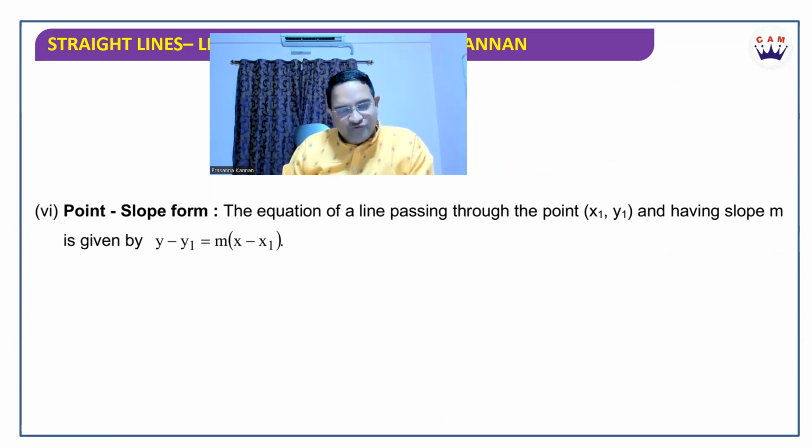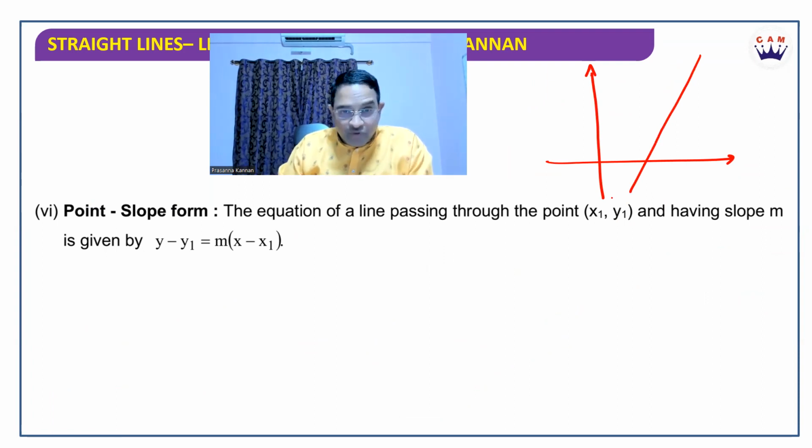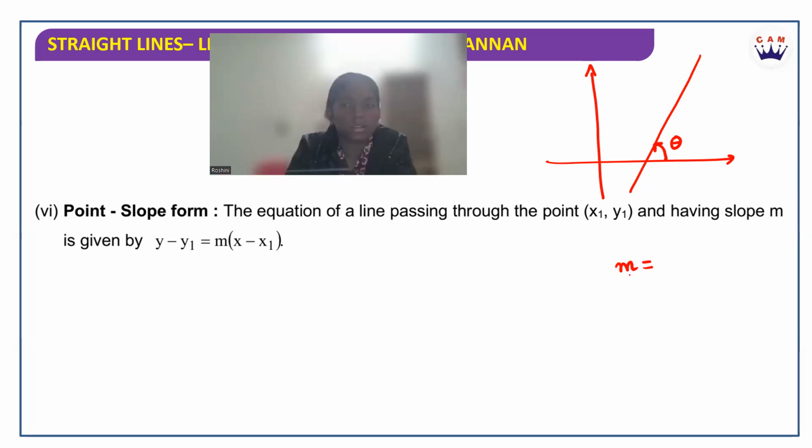So what is one point form? See here, suppose I have a straight line. We know that the slope of a straight line can be written in one of the ways: if this makes an angle theta, then what is the slope of the line? What is the slope of the line, students?